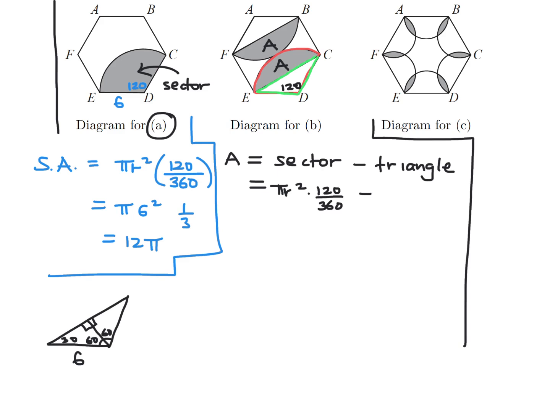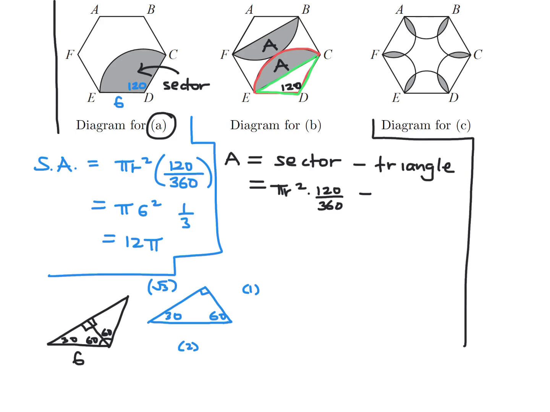Now 30, 60, 90 triangles have a ratio of the sides. If I were to take that 30, 60, 90 triangle, this is 90, that's 30, and that's 60. The ratio of the sides are 1, 2, and root 3.